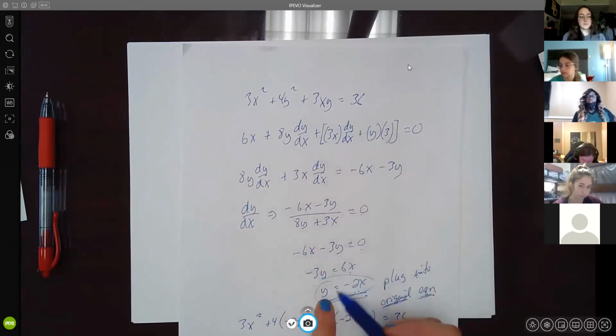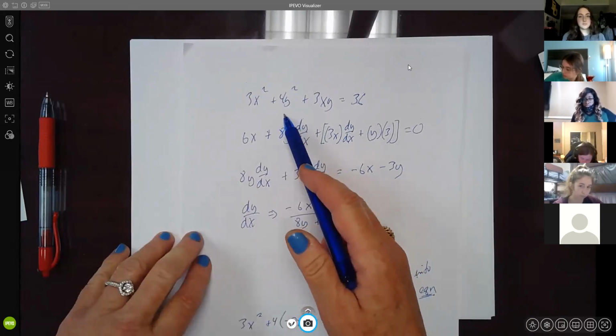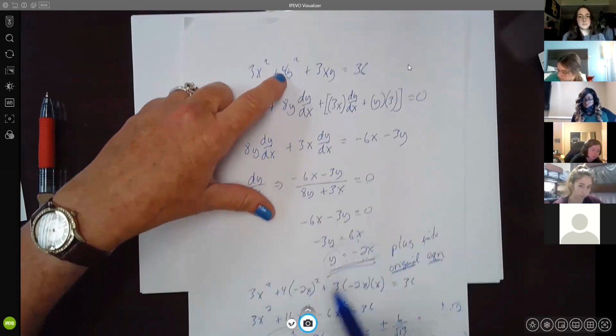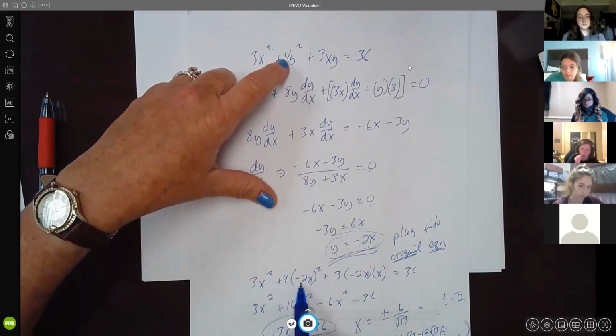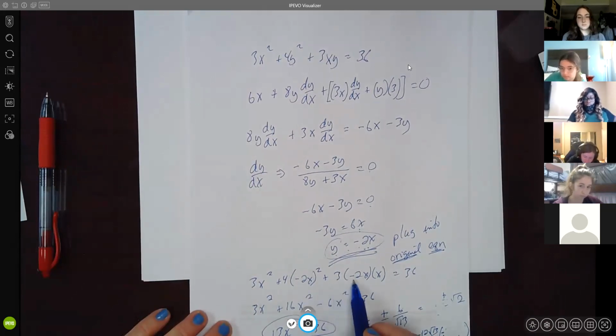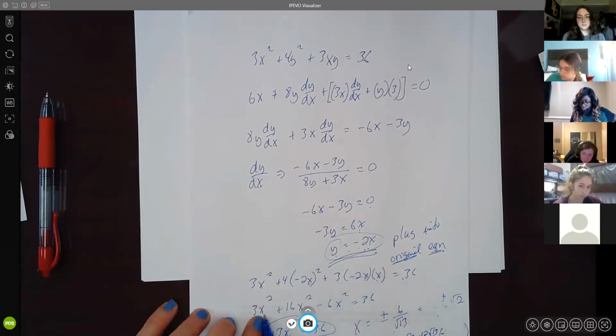Okay, so if y equals negative 2x, everywhere there's a y, replace it with negative 2x. So 3x squared plus 4 times y squared, that's 4 times negative 2x squared, plus 3xy, 3 times negative 2x times x equals 36. Okay, this is going to allow us to get our value for x.